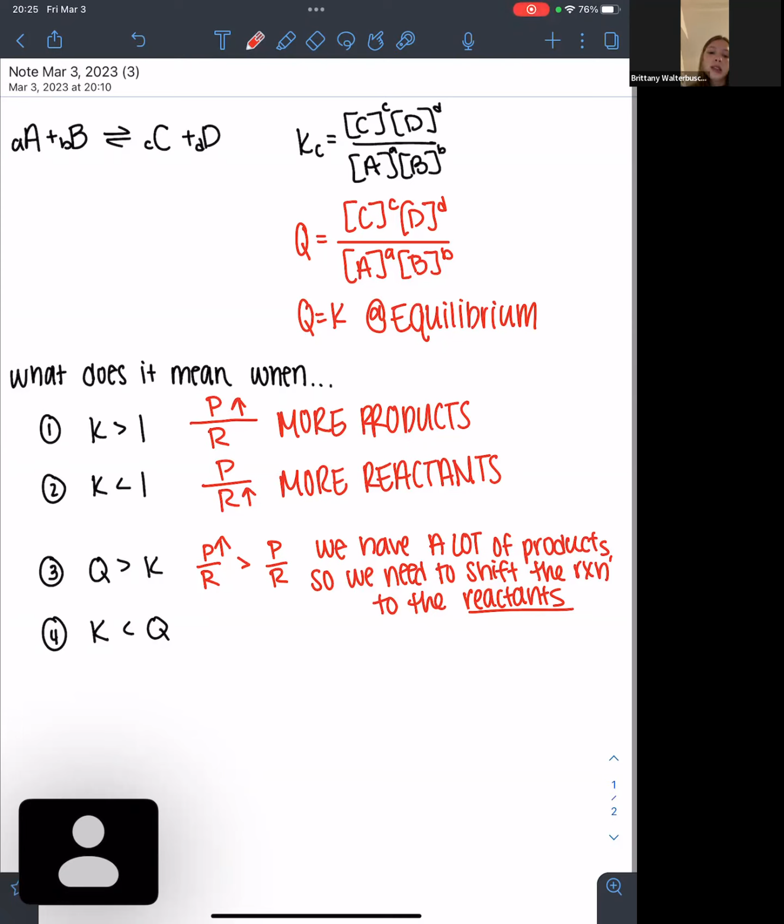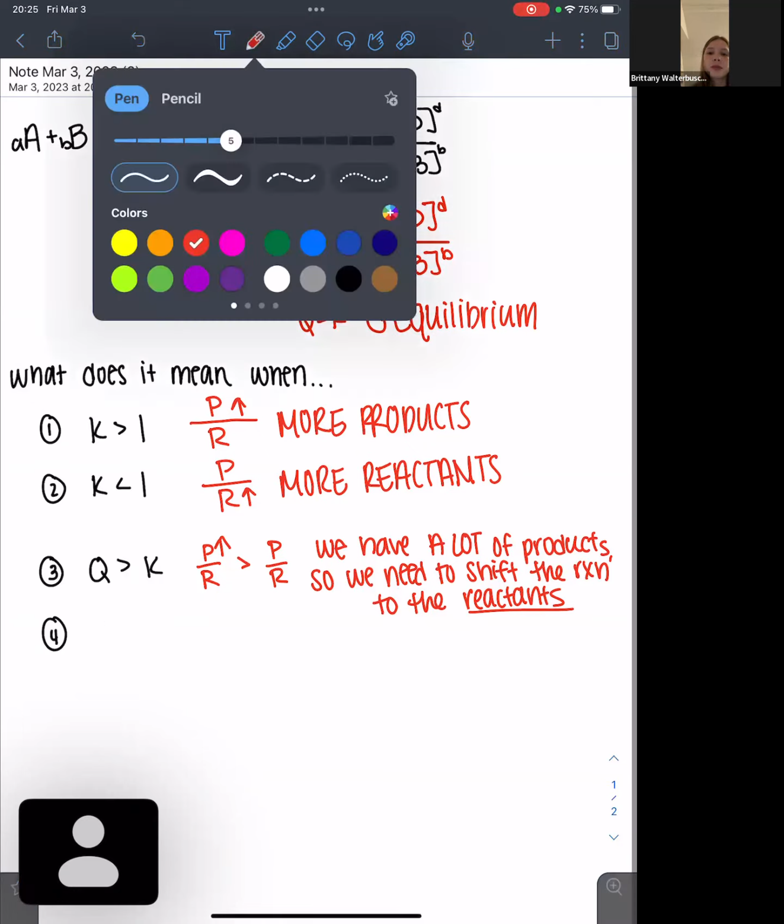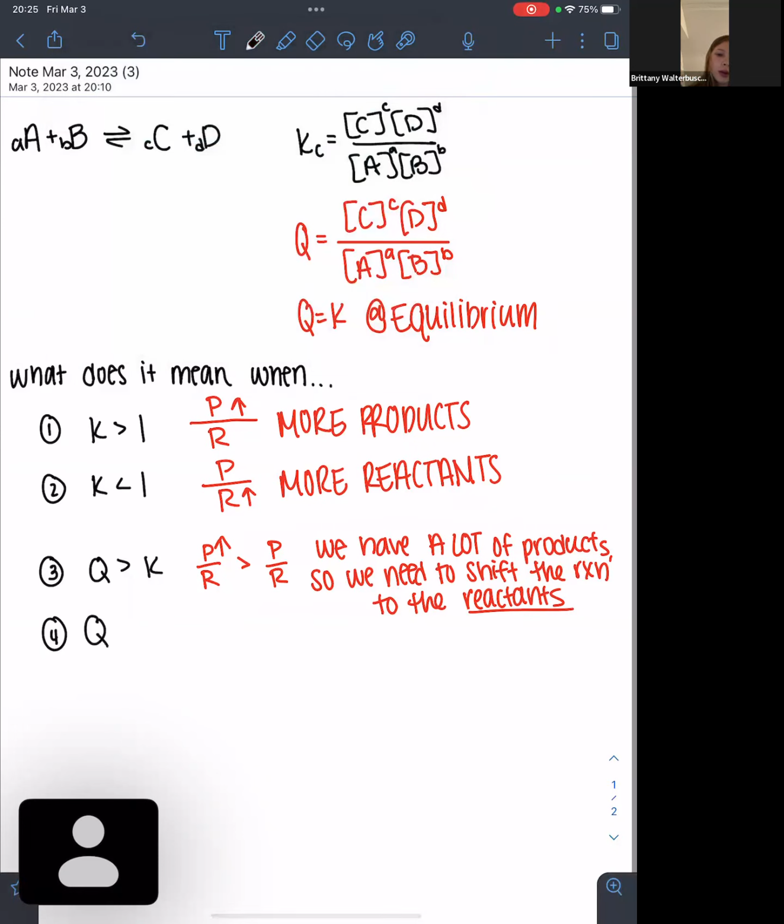And then lastly, if we have a Q value that's less than K, we are going to have a lot of reactants. So if this is representing our Q, we have a really small Q value. That means we have more reactants in comparison to our K value.